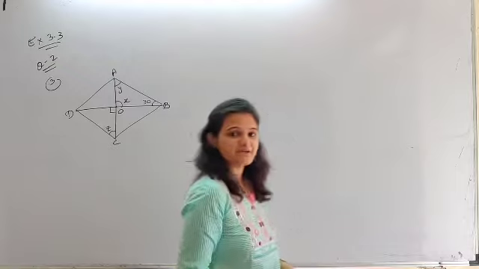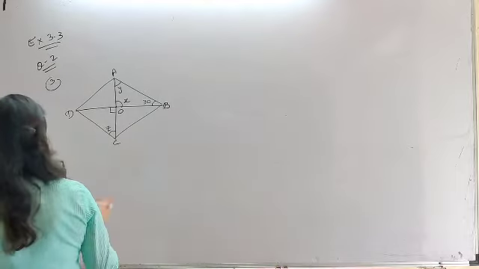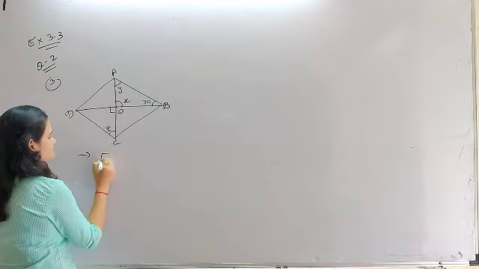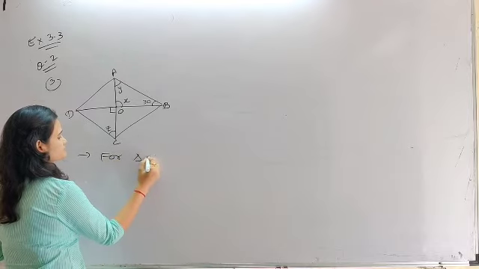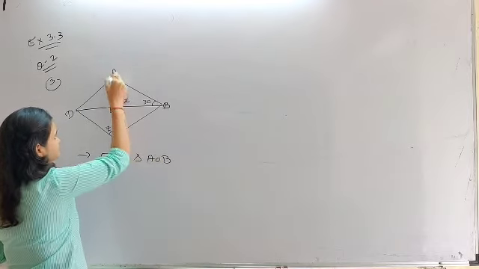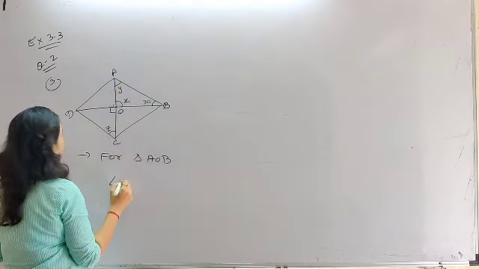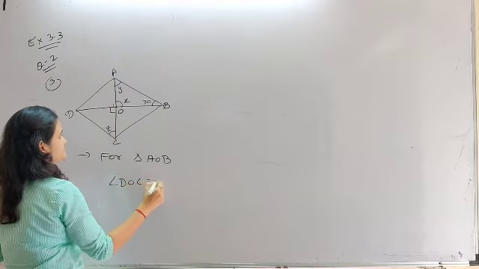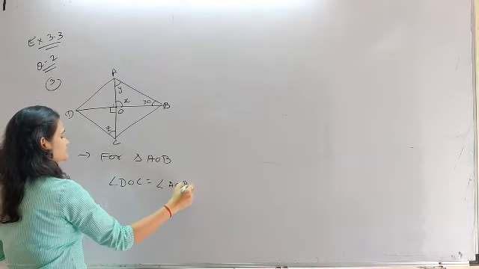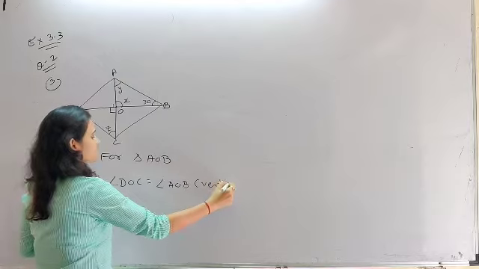Here it is a parallelogram. So first of all, I will work on triangle AOB. For this triangle, here angle DOC is same as angle AOB. They are vertically opposite angles.